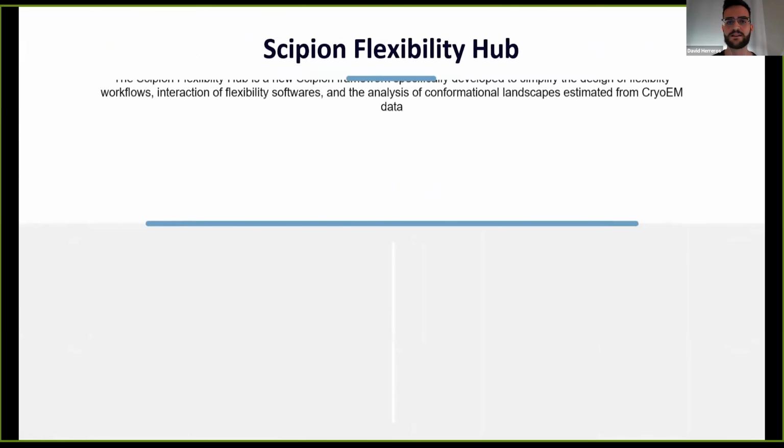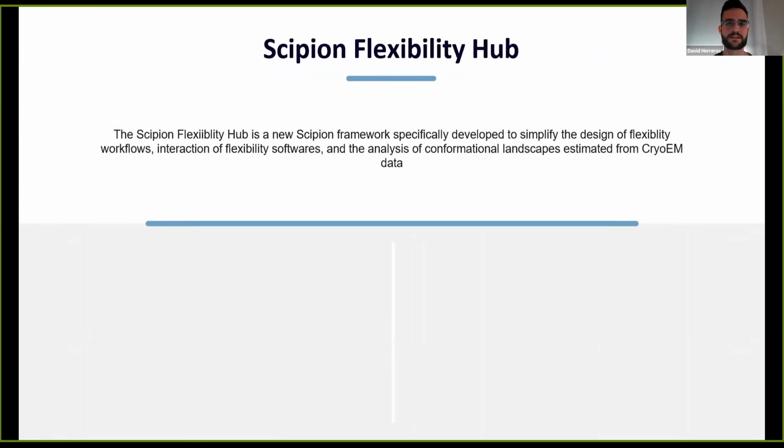As I said at the very beginning, the Flexibility Hub is a section inside Scipion. The idea is that this section is completely focused on flexibility analysis, and is not only providing software for extracting these conformational landscapes, but also tools that you can use to interactively explore the landscape and better understand what is going on with all these different states and conformations.